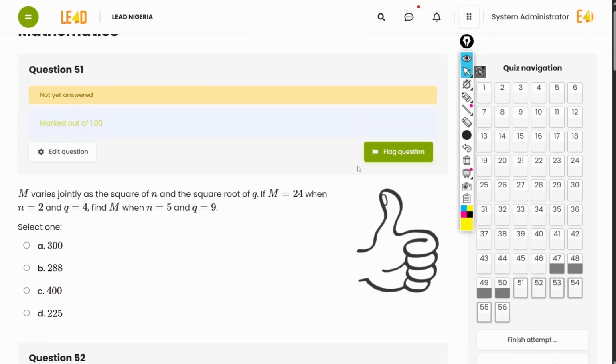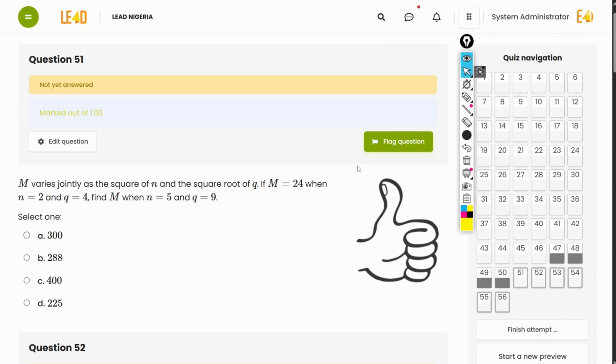So 51 says m varies jointly as the square of n and the square root of q. If you're told that it varies jointly and there's nothing on inverse, then you assume that it's direct for both of them.